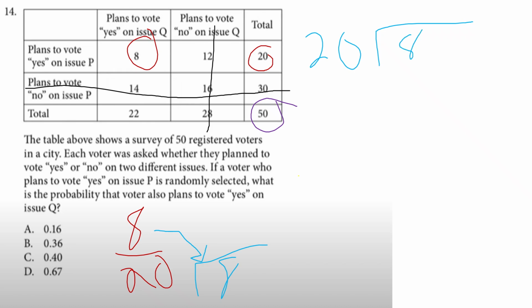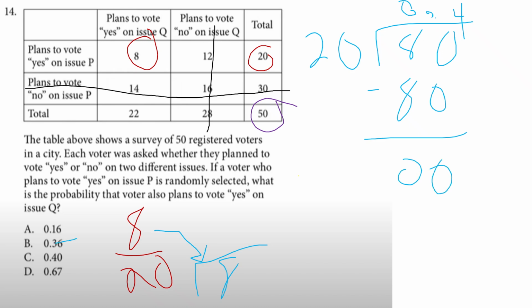So 20 cannot go into 8, so we put a 0 over the 8. We can add a 0 here. When we add that first 0, we need to put a decimal point up here. And 20 can go into 80 4 times. And 4 times 20 is 80. So that gives us 0. So our answer is C.